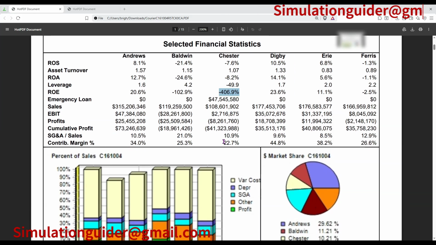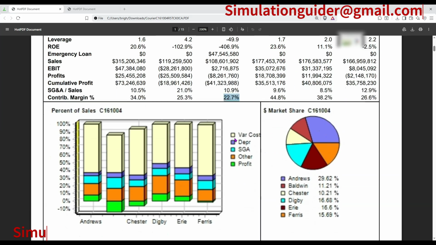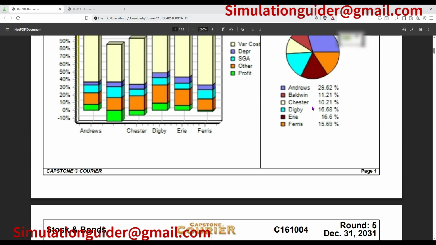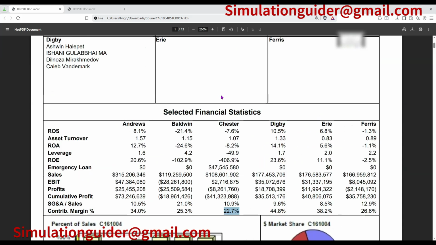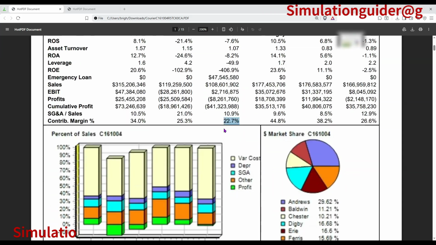You can also see our contribution margin of 22.7%. If we check the Chester market share, we had 10.21, the lowest market share. So this is the round 5 report before I did the decisions, and it was really looking bad.